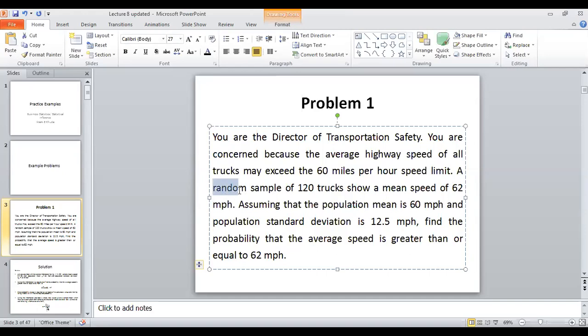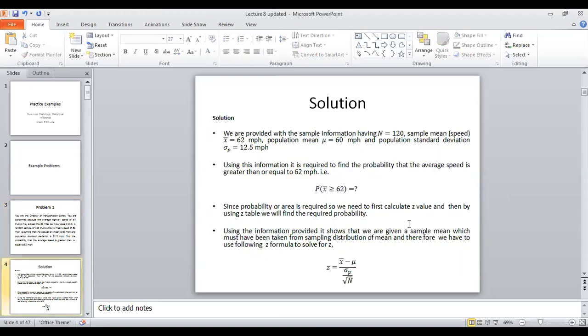Like here we have a random sample of 120 trucks, and the mean of this sample is 62 mph, right? The population mean is 60 mph, and the population standard deviation is 12.5 mph. These are all the keywords which will definitely help us to solve the problem, or at least to identify the formula which could be used to solve this question. So let's start working on the solution.